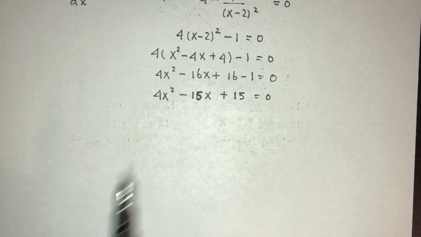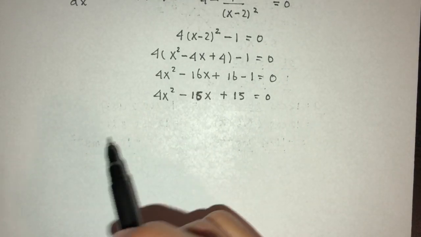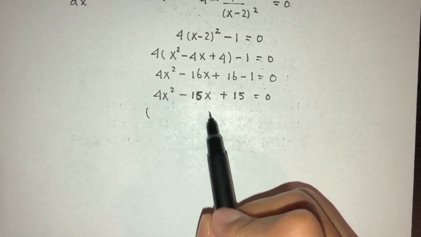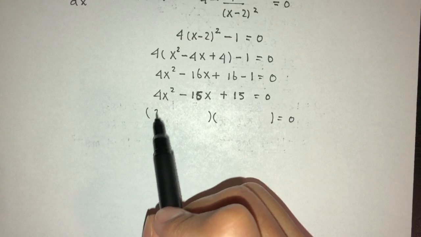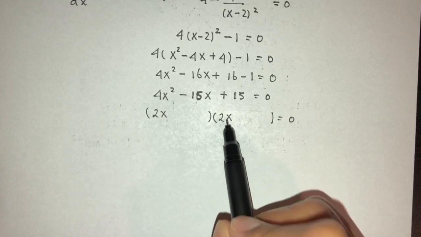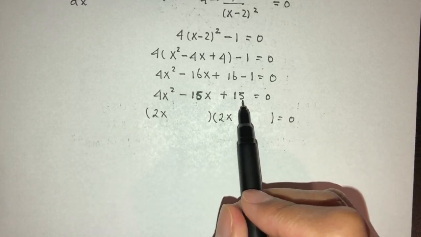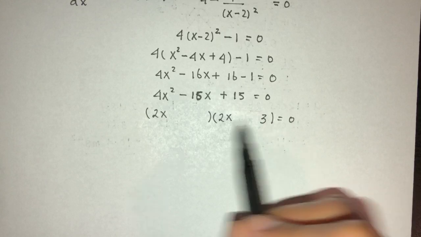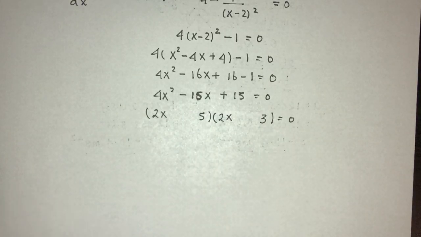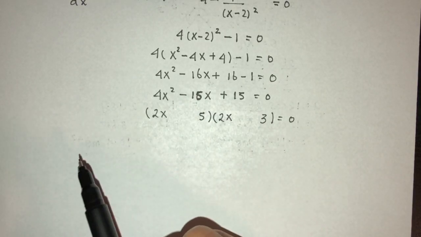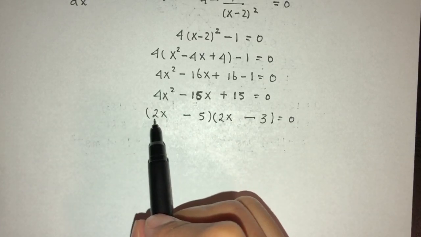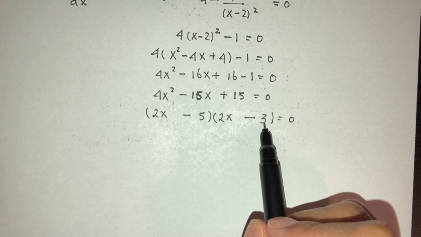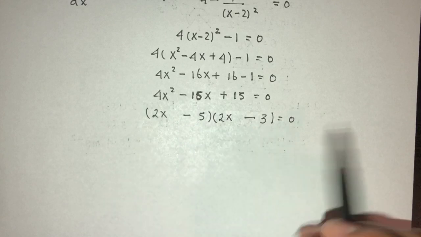Now here we have to factorize to find the values of x, so we can try to see what we can find. So 4x is 2x times 2x, and 15 is 3 times 5. So to get minus 16, we can do minus 10 minus 6. So 2x times minus 3 is minus 6, minus 10 will be minus 16.